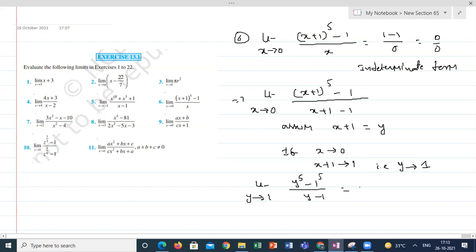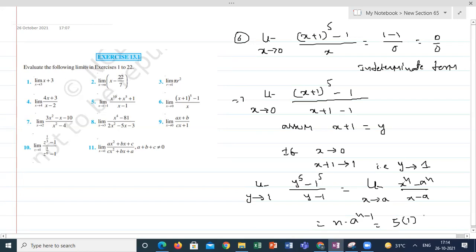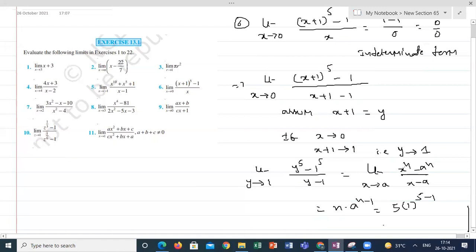It looks like which formula? Limit x tends to a, x power n minus a power n by x minus a, which is equal to n into a power n minus 1. Your n is 5, a is 1. So the final answer is 5.